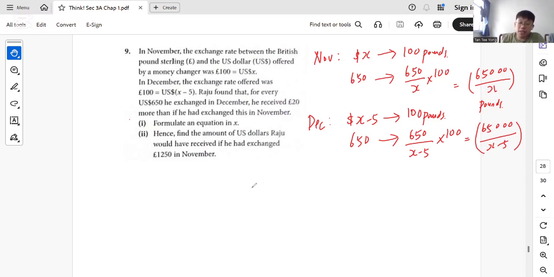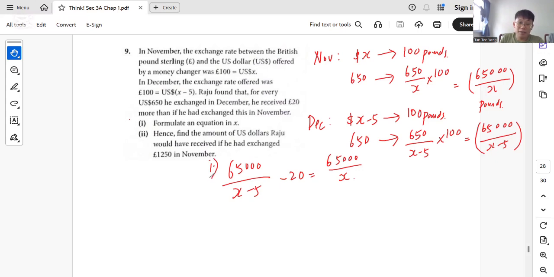So 65,000 over X minus 5, because the December amount is more, I will minus 20, and then it will be equal to the November amount. For part one, they say formulate an equation, so actually this is an equation. This is for part one.